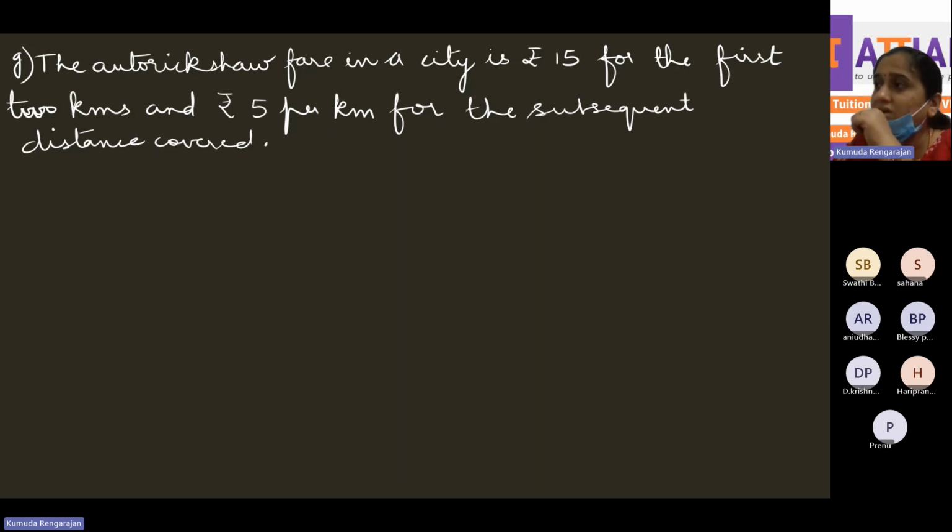That means the total distance covered you're saying is X. Okay, if the total distance is X, then the remaining distance will be X minus 2, right?